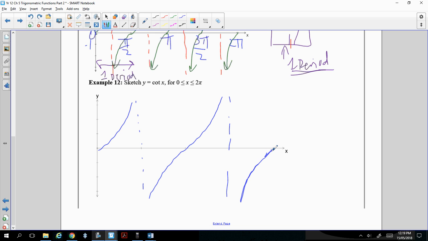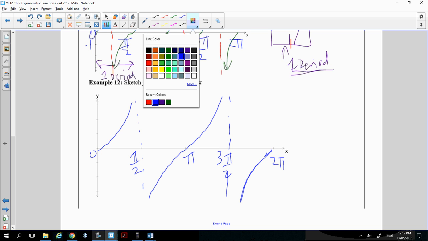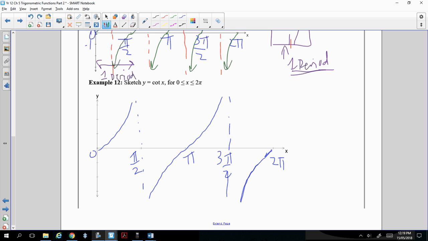Alright, we're going to use the same strategy. Every time there's an x-intercept, you draw a vertical asymptote. X-intercept, x-intercept, x-intercept, like that. So vertical asymptote at the x-intercept.